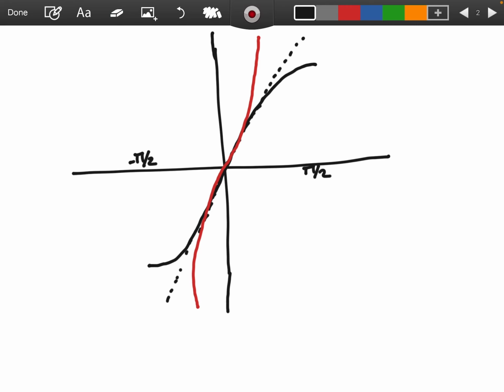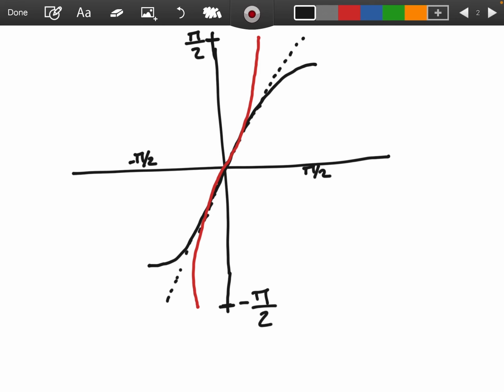So let me draw this out. The restricted domain of sine x was between -pi/2 and pi/2. So that means that my range of the inverse sine is between pi/2 and -pi/2.